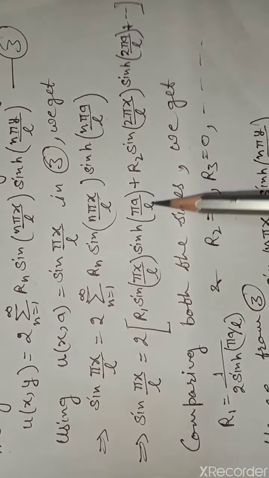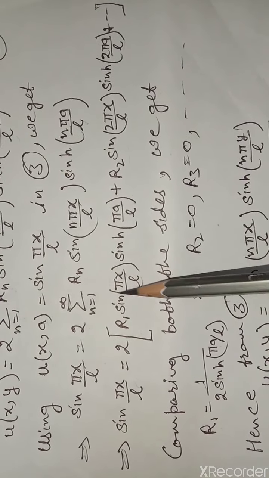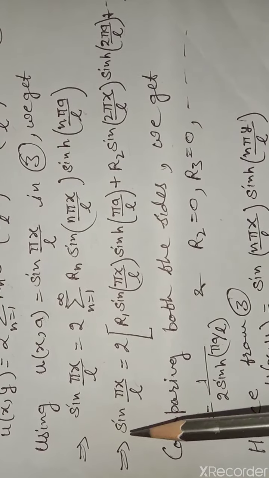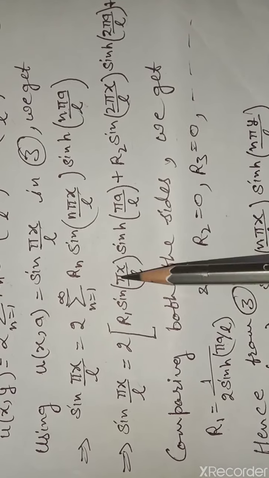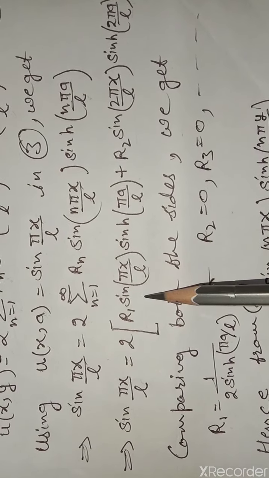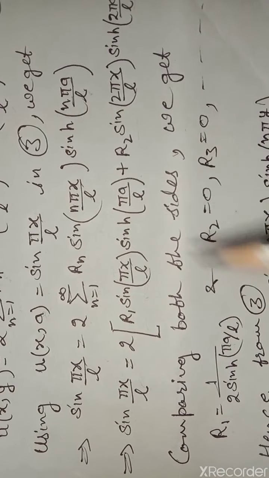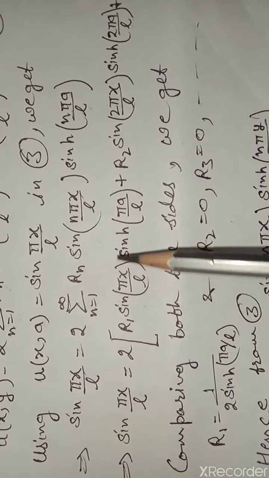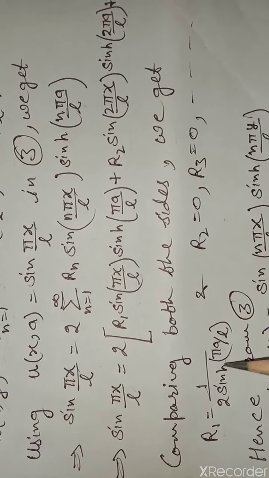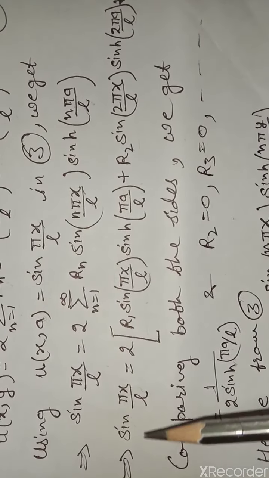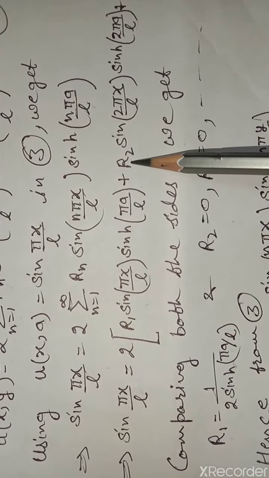So comparing both the sides, here we have sin(pi x by l), here also we have sin(pi x by l). So it means the coefficient of this is 1 and the coefficient of sin(pi x by l) on the right hand side is twice of r1 sinh(pi a by l). So comparing both the sides, we have the value of r1 is this, and for r2, there is not any term of sin(2 pi x by l), so it means r2 is 0.